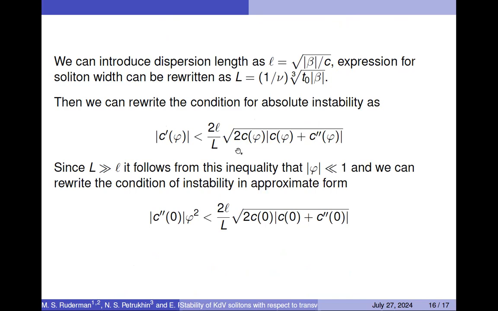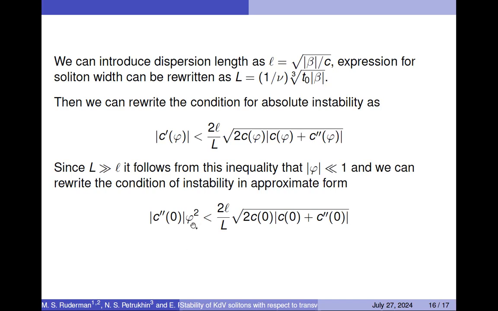We consider only weak, small amplitude solitons where L is much larger than the dispersion length. So we can see from here that phi must be small, and we can rewrite our condition in this form. We can see that it is satisfied only for small values of angle phi.